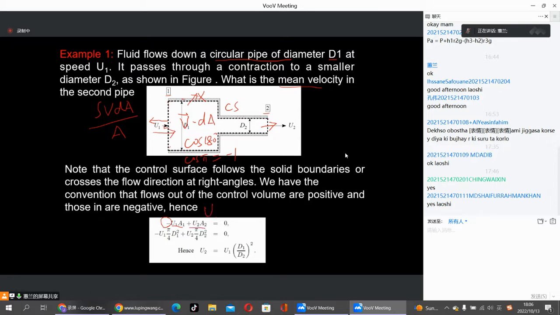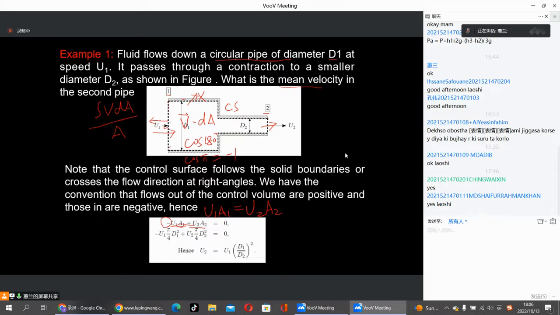Sure, you can use this one, because we only have one inlet and one outlet. Or for the control volume, what happens through its total control surface, the net mass will be 0.